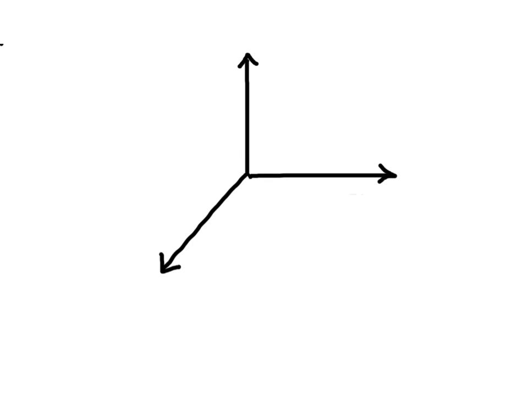So here we have our x-axis, our y-axis, and our z-axis, and we're looking at the positive x, positive y, and positive z with our origin right at the center there.